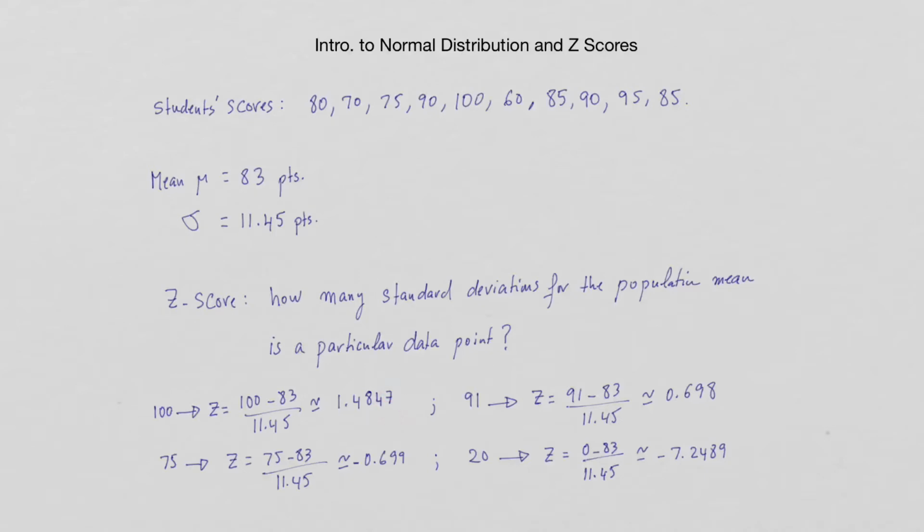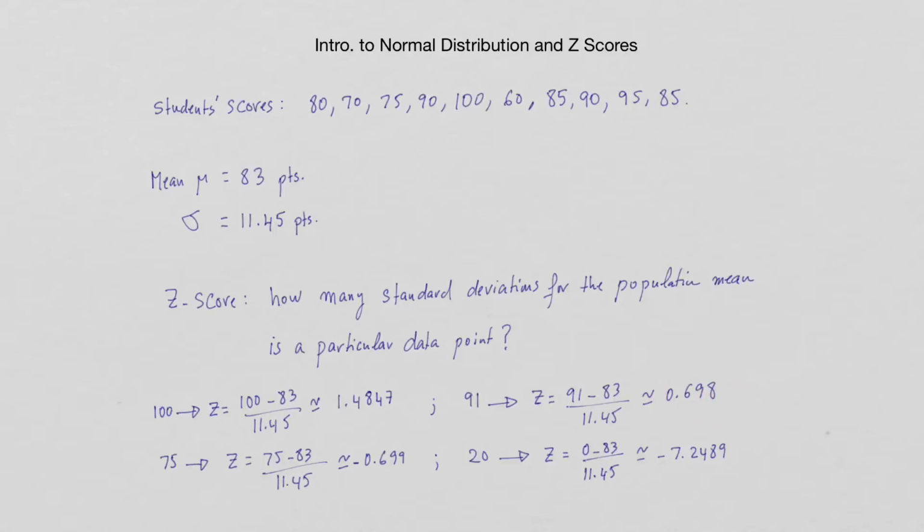How many of those is 91 away from 83? Well, we do 91 minus 83 just to see the difference. The difference is 8. And if I want to know how many of those are in 8 units, I just divide by 11.45, which is the standard deviation. And I got 0.698. Okay? So not quite 1 yet.